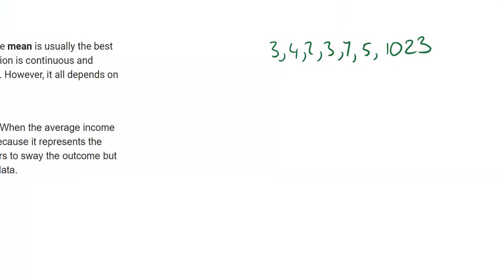Now, if I was to work out the mean average, this number, the 1,023, is going to mean that the mean average is a lot larger than it should be. And I think that this was actually a mistake. Perhaps there was an error in the data. Perhaps it shouldn't be there.